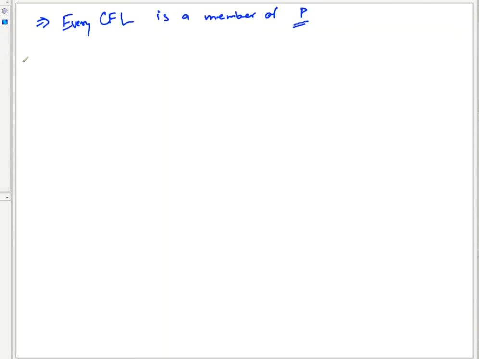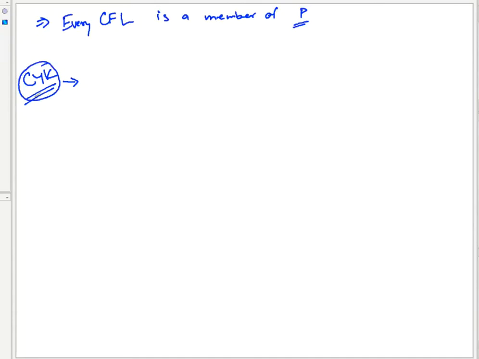Now, did we cover CYK algorithm in the last class? Yes or no? Did we cover CYK algorithm? If we haven't covered it, you should read it.